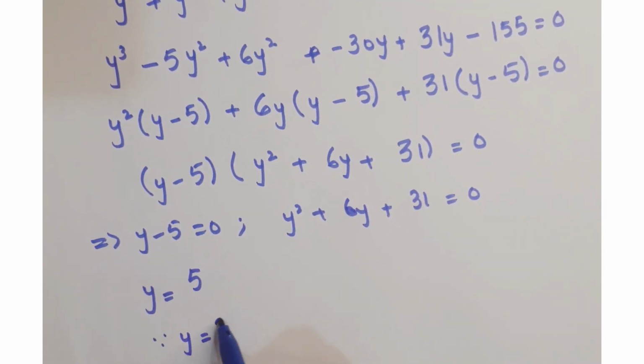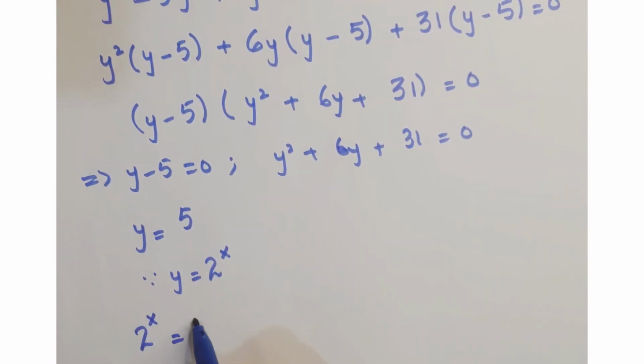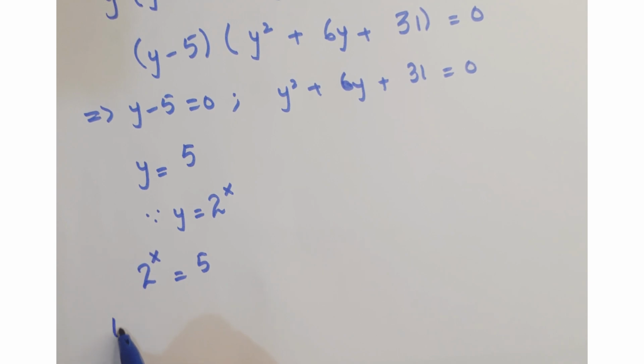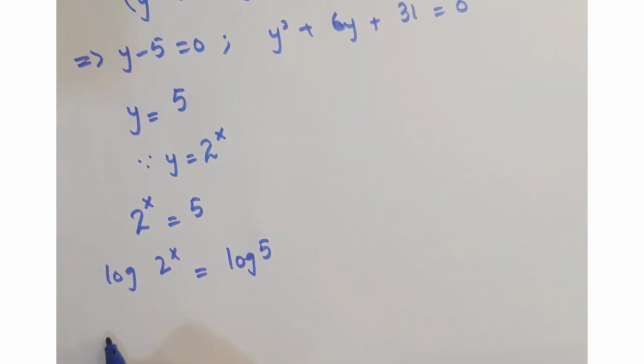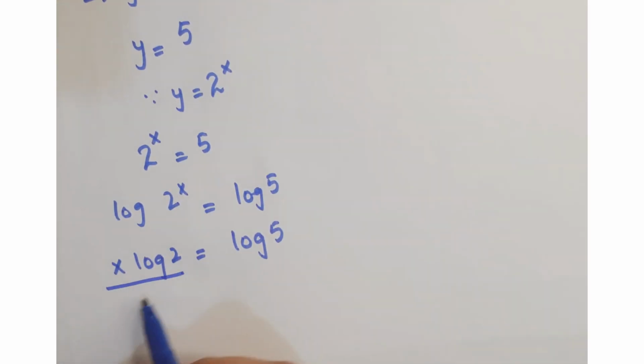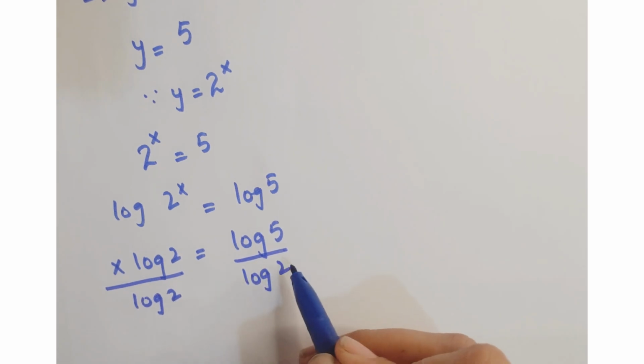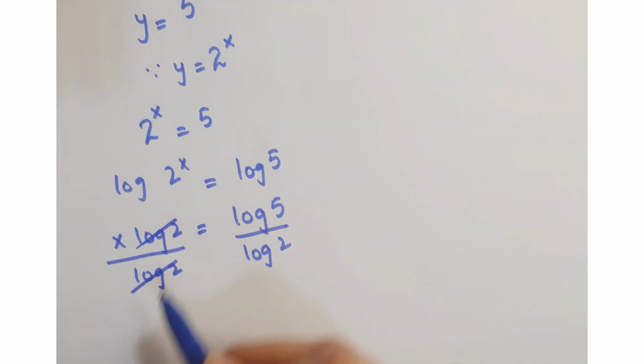Since we assumed that y is equal to 2 to the power x, replacing this with 2 to the power x, further take log on both sides. So here you get x log 2 equal to log 5. Dividing by log of 2 on both sides, in order to remove log of 2 from the left hand side, this term gets cancelled.